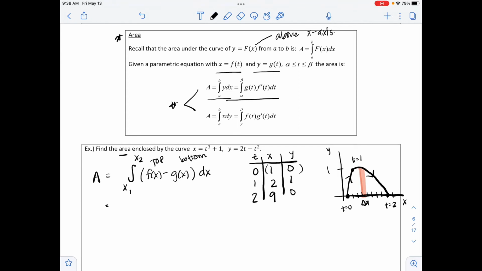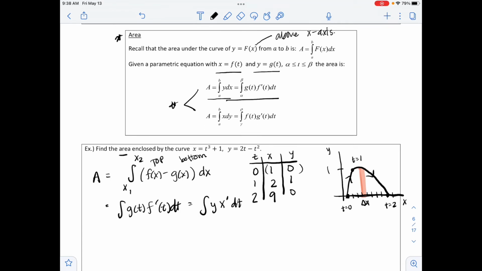So this would be equal to the integral of g of t, f prime of t dt, or equal to the integral of, and we know g of t is equal to y times f prime, so I'll put down x prime, and we have a dt.